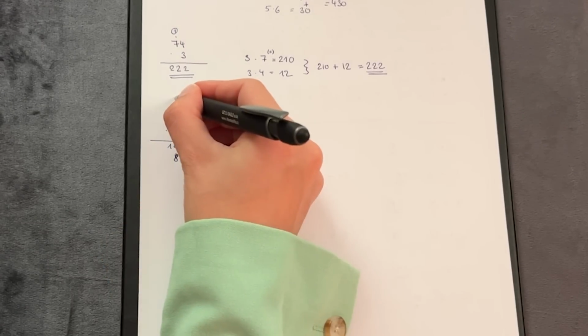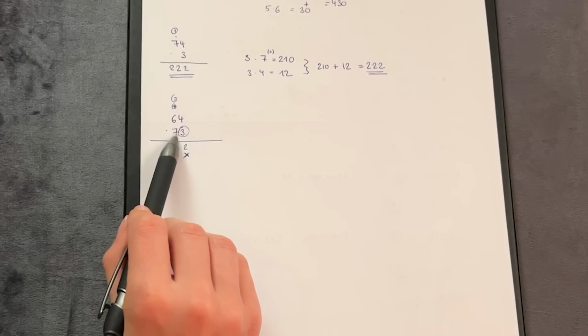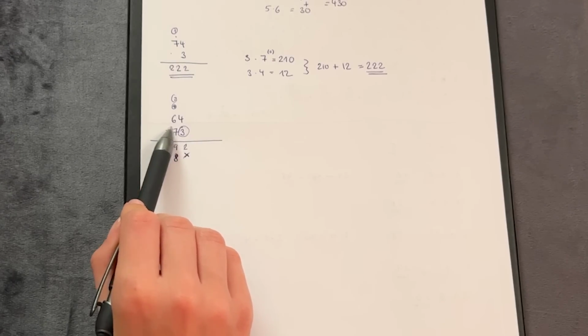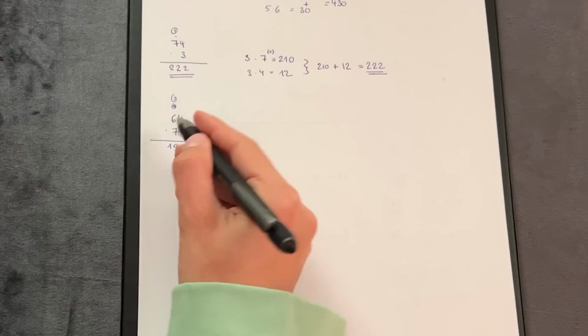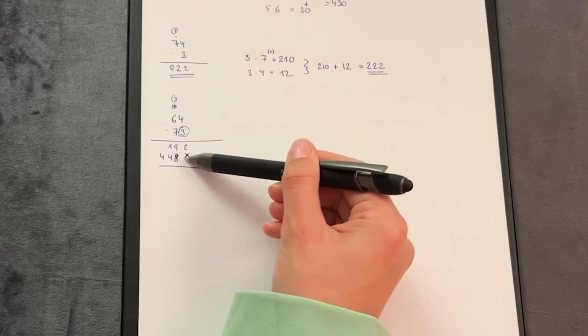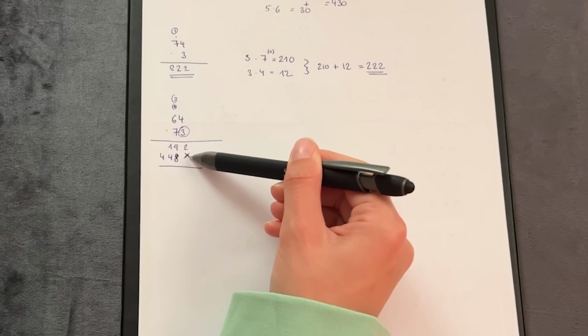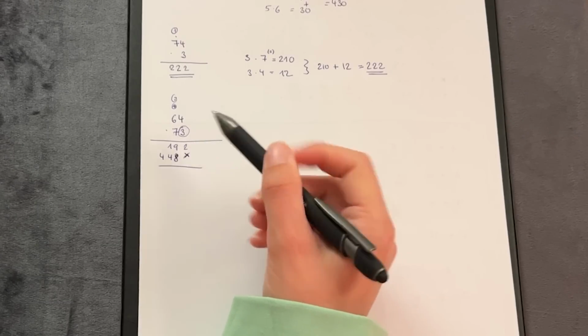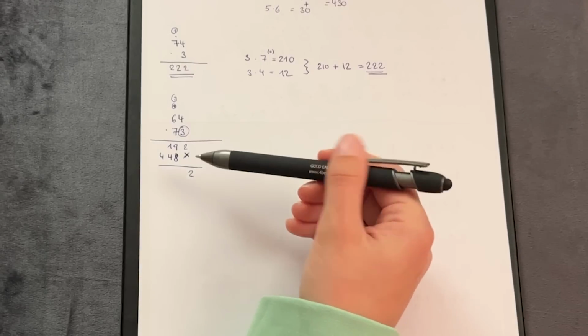So we carry the number 2, and 7 times 6 is 42. 42 plus 2 is 44. So we have 0, 0. There's basically 0 plus 2 is 2.